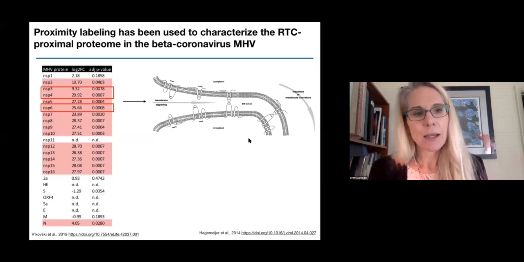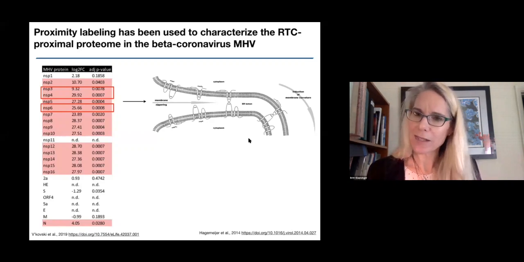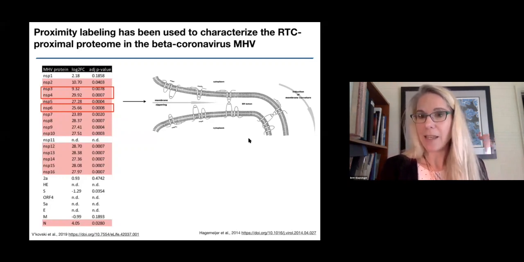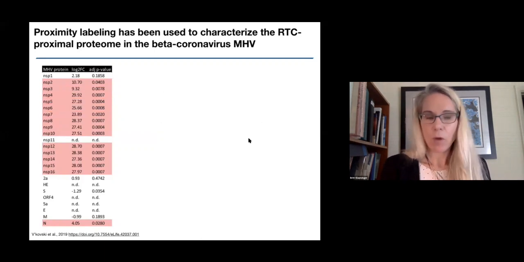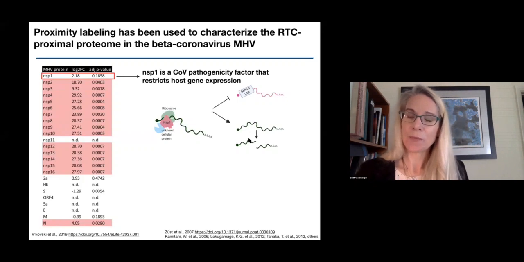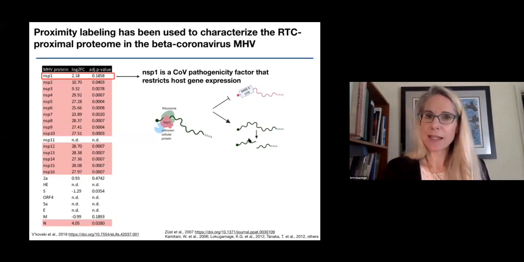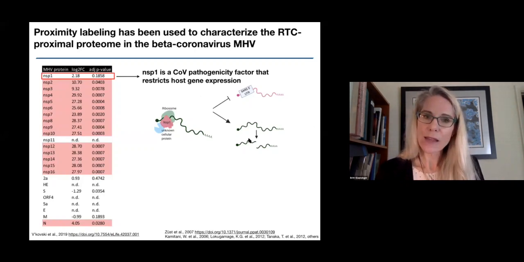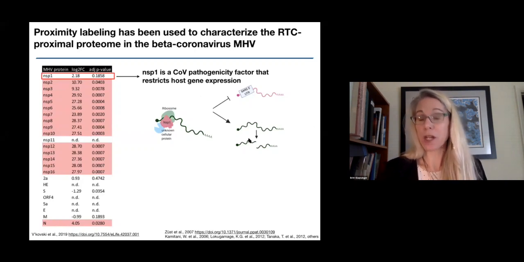All right. It's also interesting to think about what are the viral proteins that are not found in these replication transcription complexes. And one of the proteins that's not found, or at least not enriched there, is a protein called NSP1 that is a really key pathogenicity factor for coronaviruses. NSP1 is a protein that restricts host gene expression.